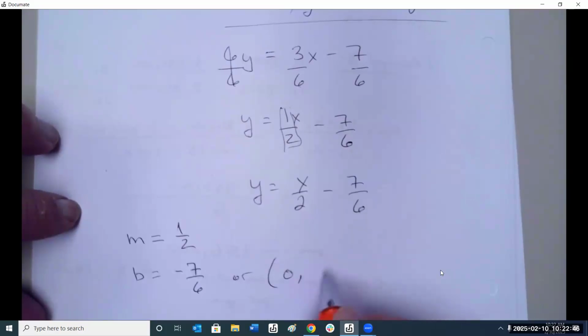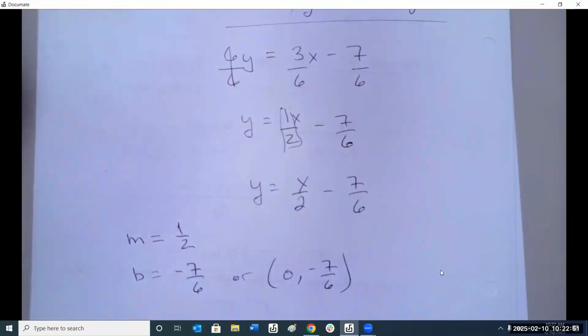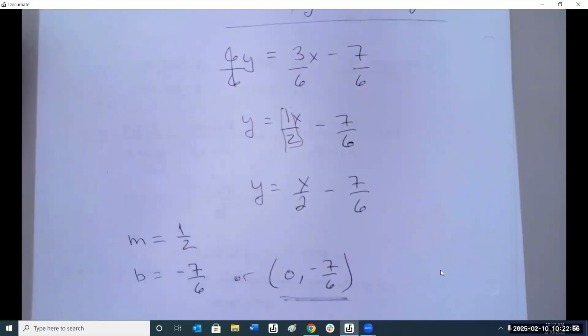Or 0, negative 7/6. It all depends on how the question is asking it, because this is your y-intercept. Let's move on. All right, that's it for that section.